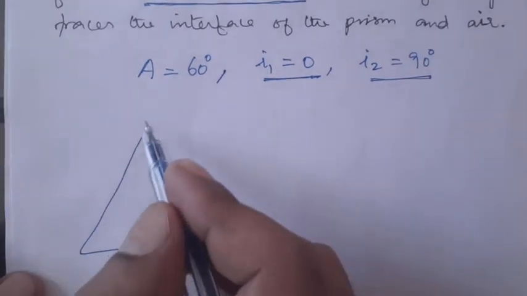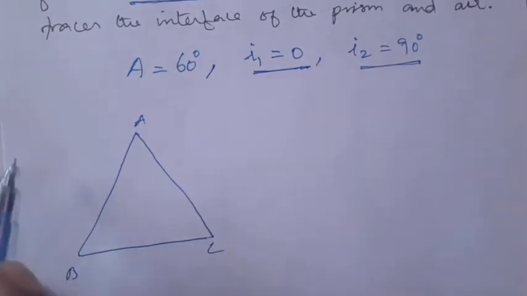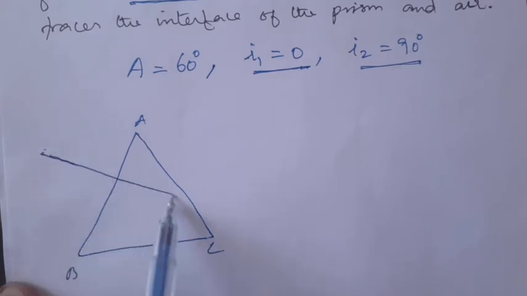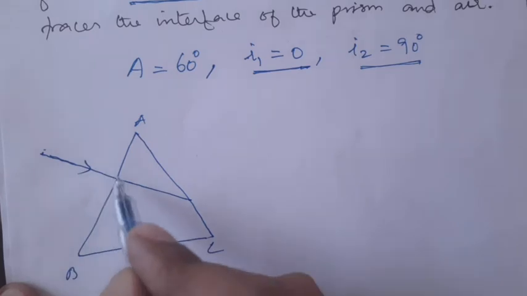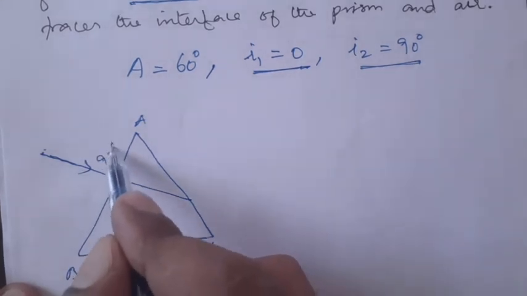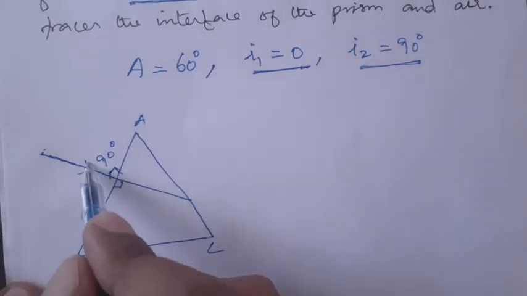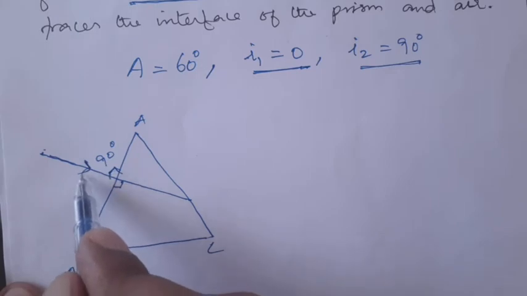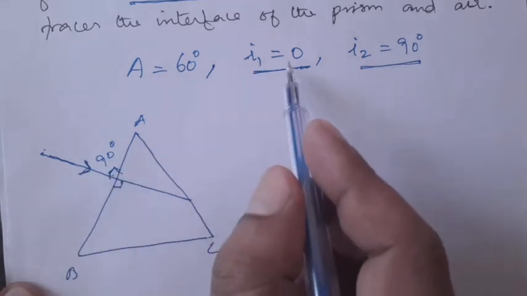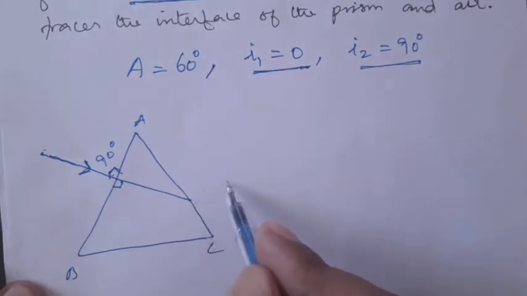Draw a prism, let it be ABC. Now a ray of light is incident normal to the prism. So this angle is 90 degree, again this is 90 degree. The ray is normal to the face AB, the angle of incidence is I1, I1 is 0.